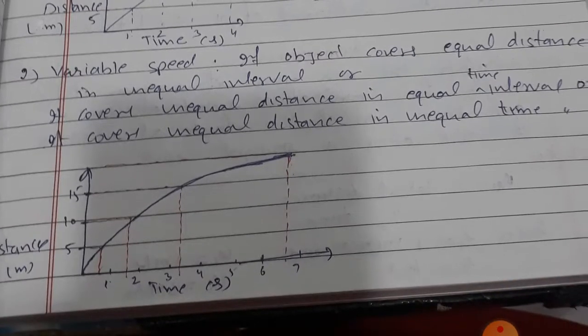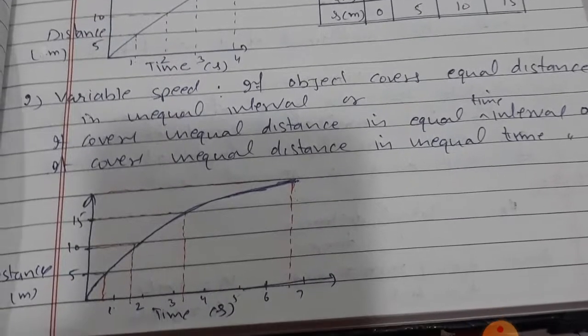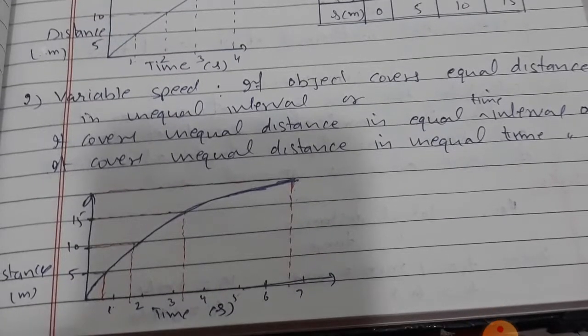For example, with the help of this graph, you can see that I had taken again distance along y-axis, time along x-axis, and the same distance I had taken 5, 10, 15 meter, and you can see that equal distances, 5 meter, then 5 meter, and then 5 meter, are traveled by the object in unequal interval of time.